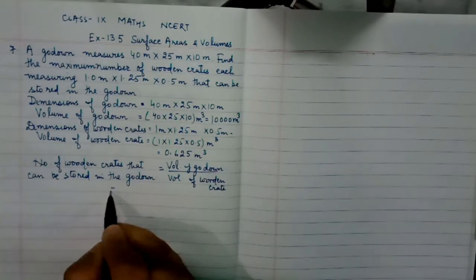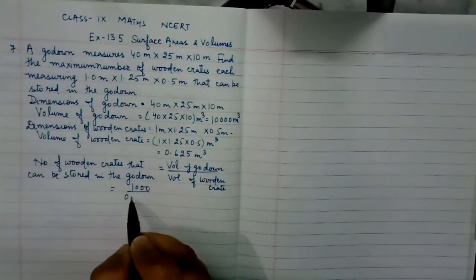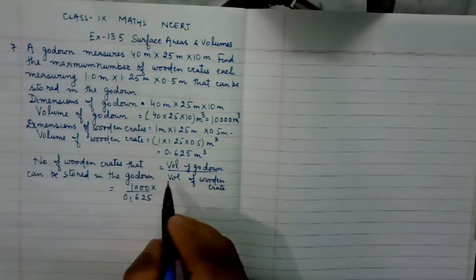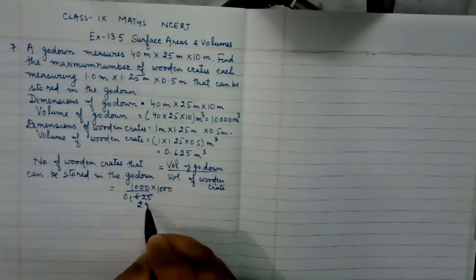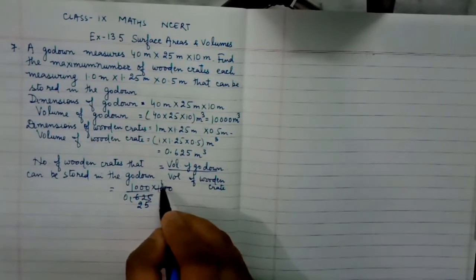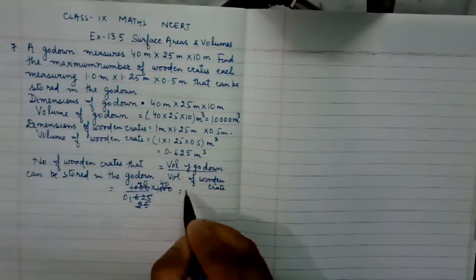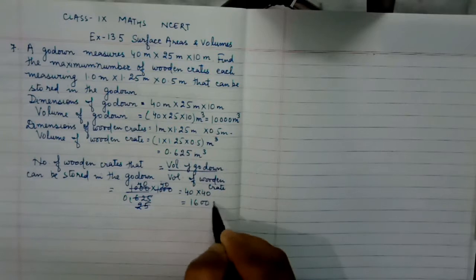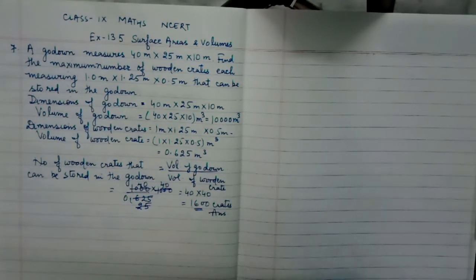That will be equal to 10000 divided by 0.625. So 40 into 40, which is equal to 1600 crates. This is the answer.